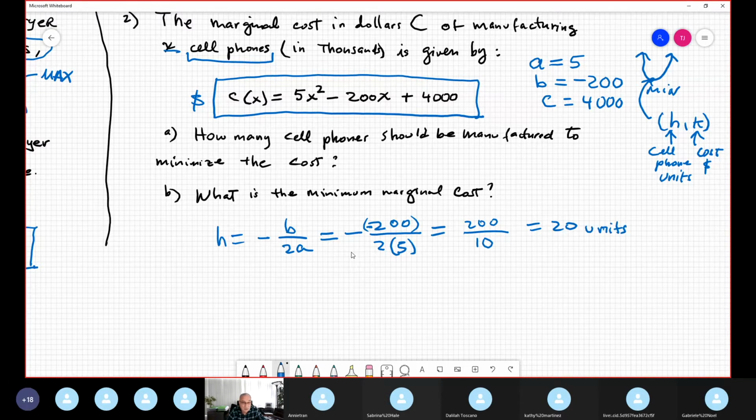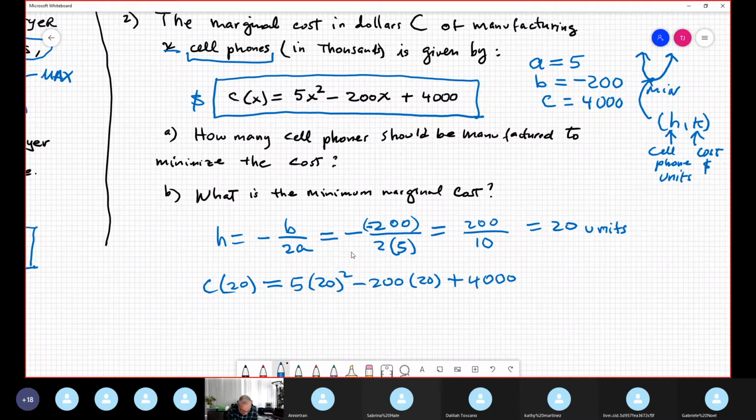In order to find the cost, you plug 20 into the cost function, positive 5, 20 squared minus 200 times 20 plus 4,000. Let me try to use my calculator because I don't know how to compute that.